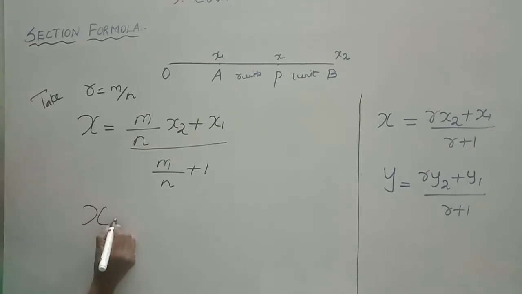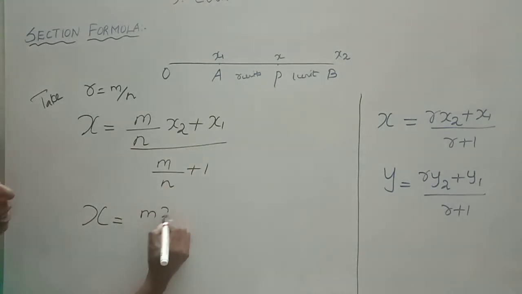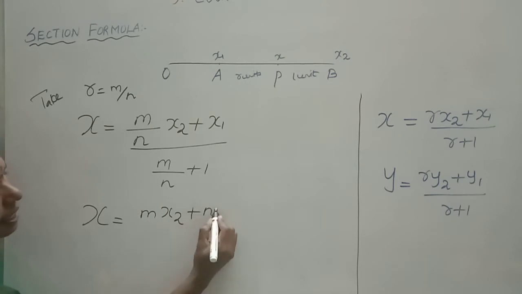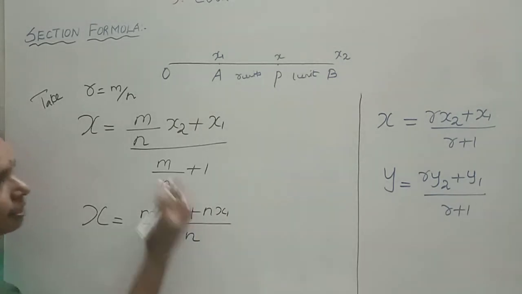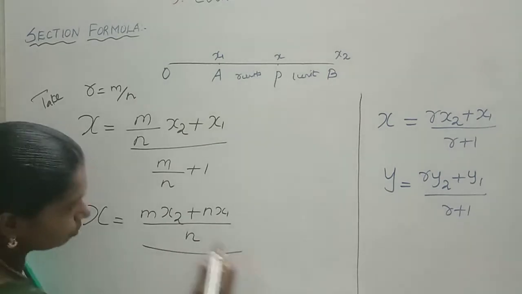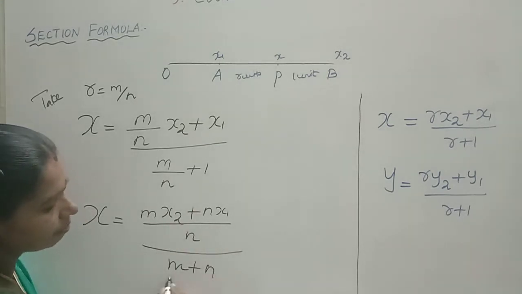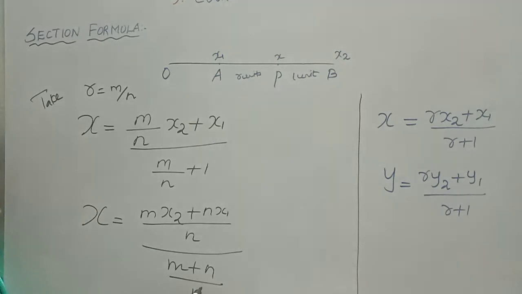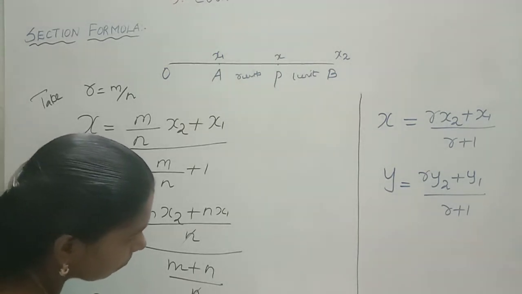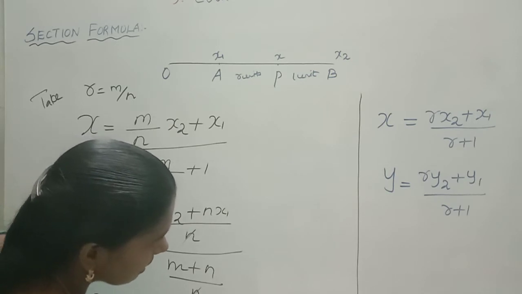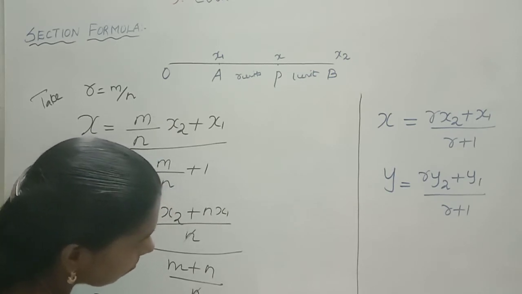Now x is equal to, making cross multiplication, the numerator will be mx2 plus nx1 by n and the denominator also m plus n by n. If you cancel these two n, you get x is equal to, the section formula, mx2 plus nx1 by m plus n, and y will be my2 plus ny1 by m plus n.